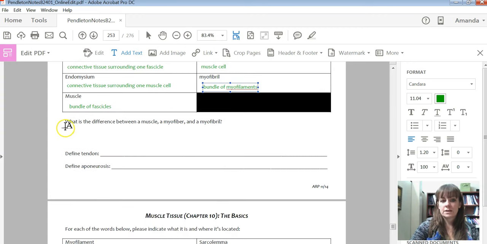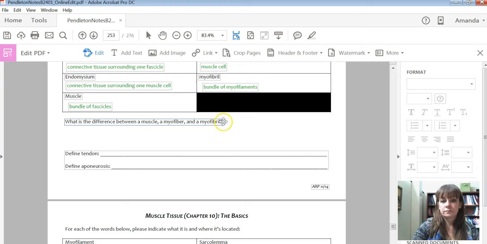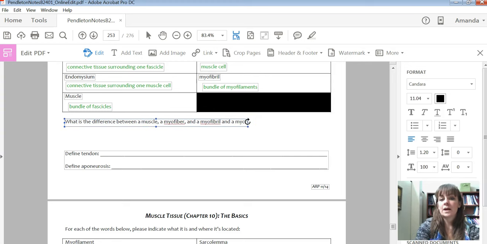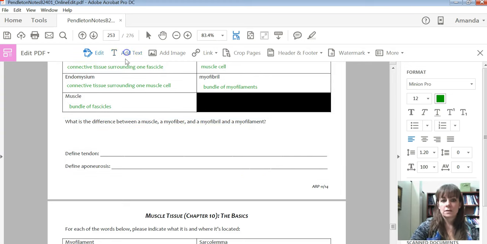And in fact, here's a place for you to see if you can write in your own words what's the difference between a muscle, a myofiber, and a myofibril. And I might even add in there, in addition, myofibril and a myofilament. Okay, so I would add that in there as well.